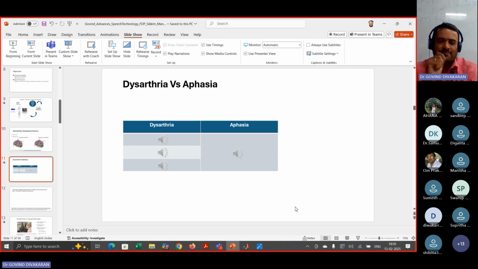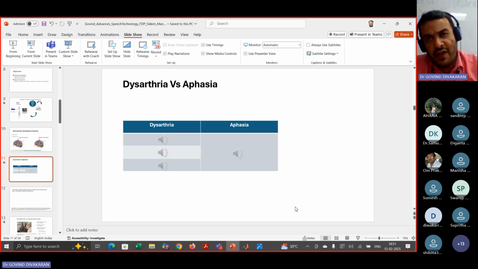But as a one-line answer to your question, it depends on the voice quality that particular patient is having. When a particular patient is getting any kind of neurological condition, like yesterday's talk, Dr. Prashant Kumar Ghosh was showing some sort of chart of what type of voice qualities different patients are getting.